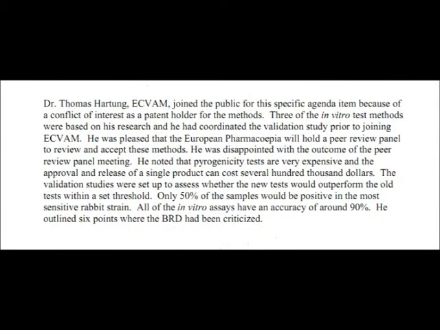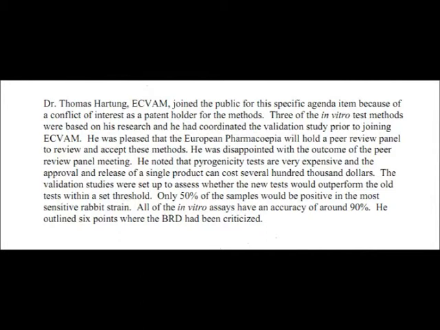This slide is still looking at the comments from the Scientific Advisory Committee on Alternative Methods. It reads, Dr. Thomas Hartung from the European Centre for the Validation of Alternative Methods joined the public for this specific agenda item because of a conflict of interest as a patent holder for the methods. 3 of the in vitro test methods were based on his research, and he had coordinated the validation study prior to joining the European Centre for the Validation of Alternative Methods.